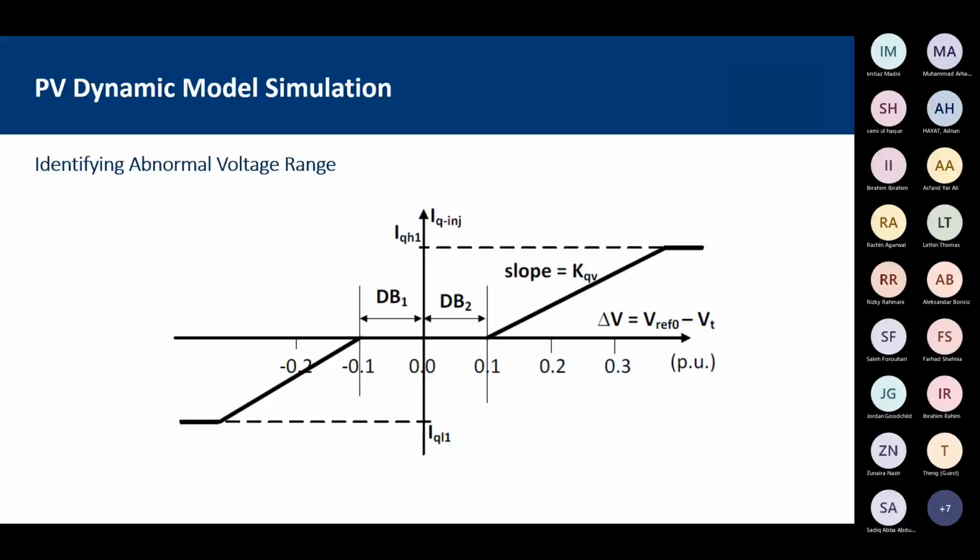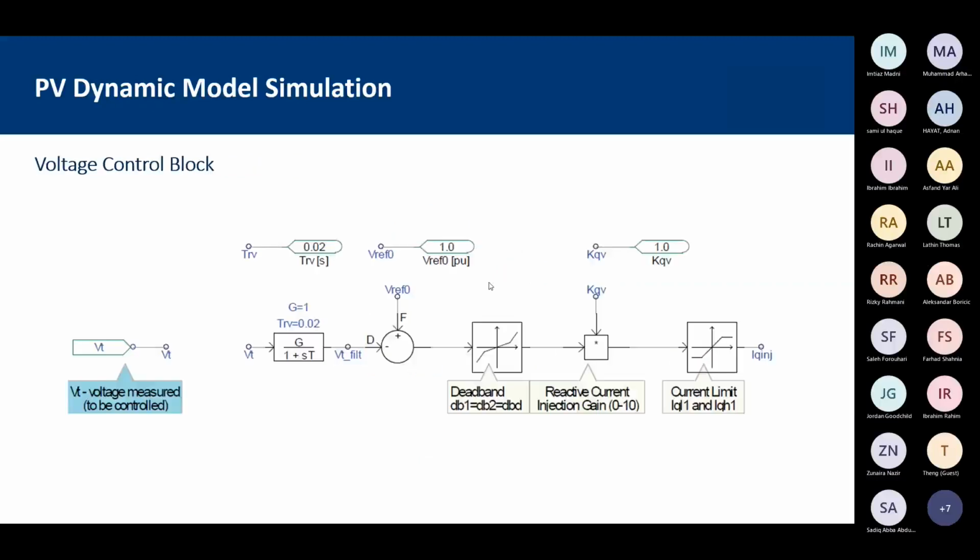ramp rate. That ramp rate is also defined by these regulatory bodies, that it needs to have this ramp rate to shut down or to ramp up the voltage. So that can also be defined in this model. So we can use this voltage control block to define dead bands and current limits.